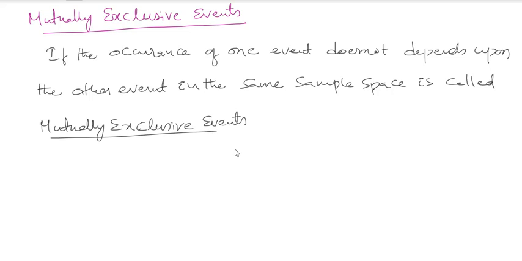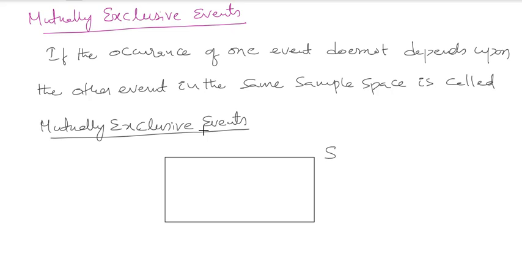Let me give you the clarity regarding this. Take a Venn diagram. Here I have a sample space, in which I am taking the event A here, and one more event.